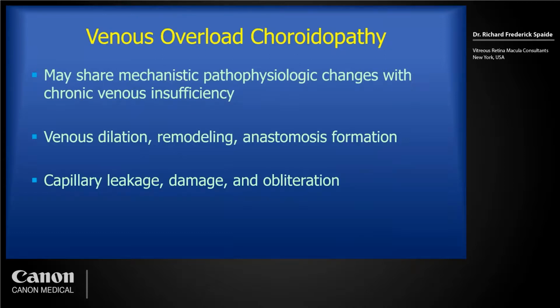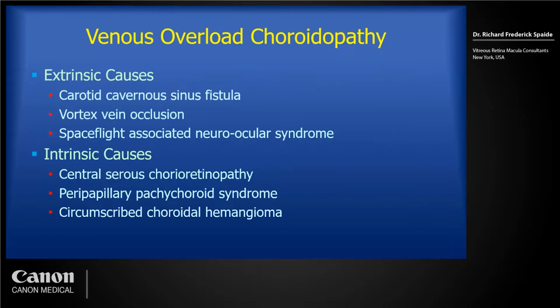This could lead to venous dilation, remodeling, anastomosis formation, and then to capillary leakage manifested by serous detachment of the macula and also by choroidal thickening, damage to the choriocapillaris, and eventual obliteration of some of the blood vessels in the choriocapillaris, which can lead to secondary complications such as choroidal neovascularization.